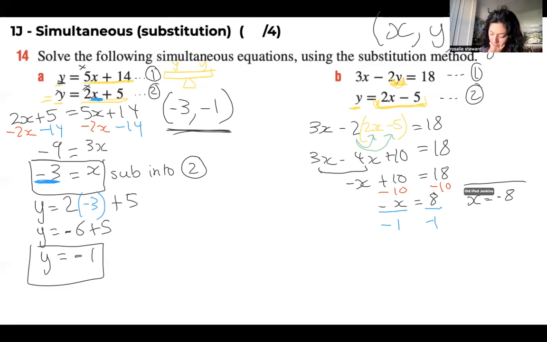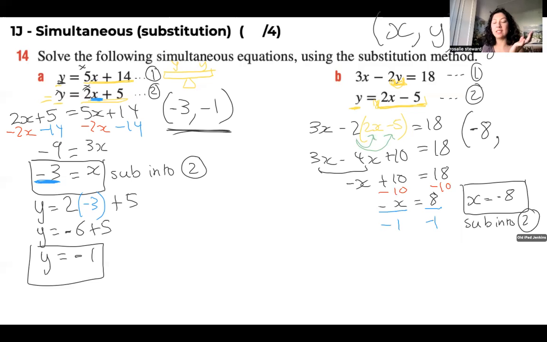Okay, great. There is my first solution there. And then I'm simply going to sub that into equation 2 because it looks way simpler. Remember, it doesn't matter which one you sub it into. I'm just feeling a bit lazy, so I'm going to sub it into the simple one.